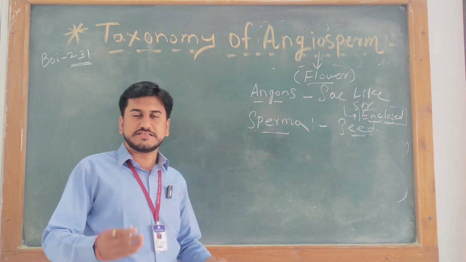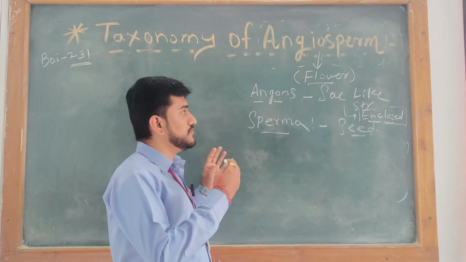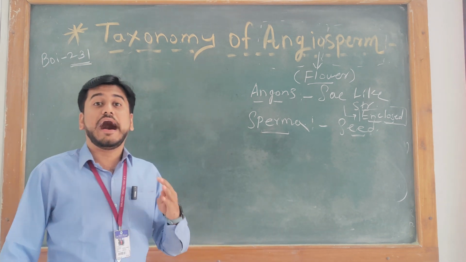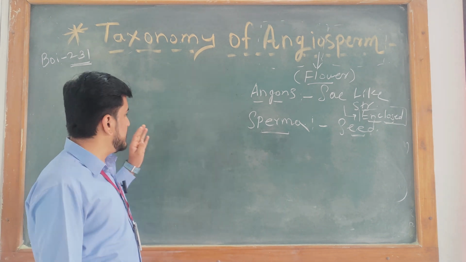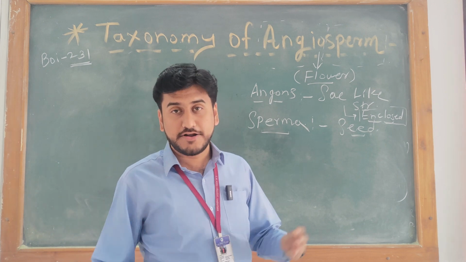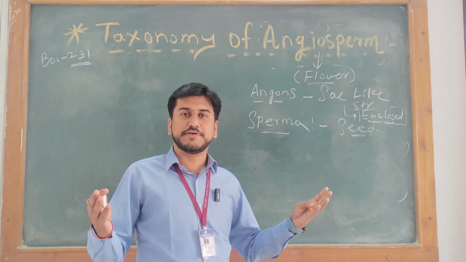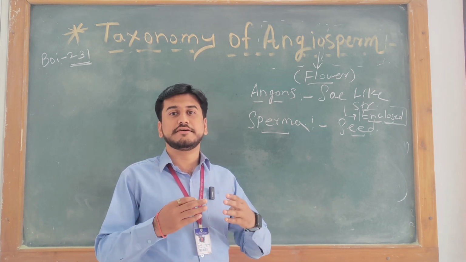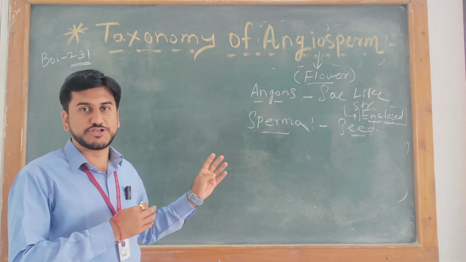Without flower, reproduction does not take place. So in the plant group, angiosperms are highly evolved plants. According to evolution, the scientists Bentham and Hooker, J.D. Hooker and George Bentham, made a great contribution to the plant classification system and taxonomy also.